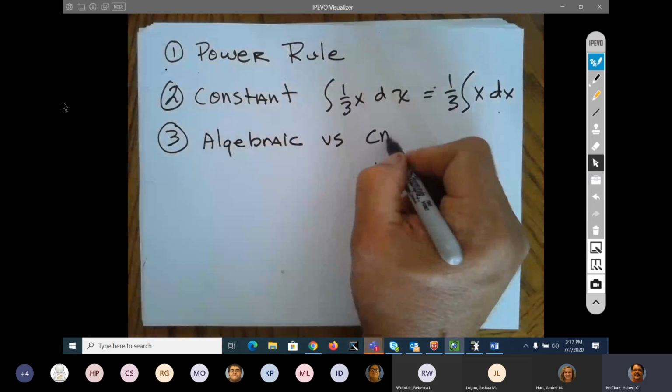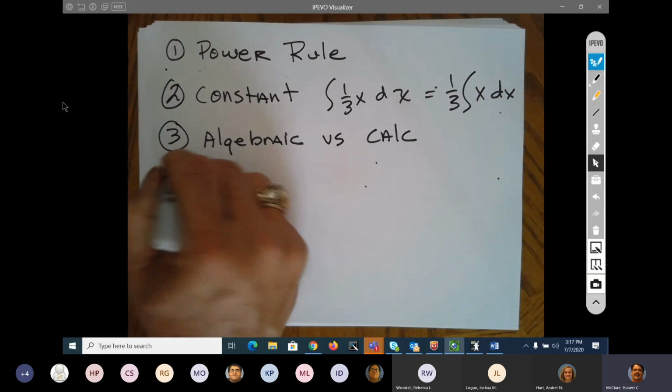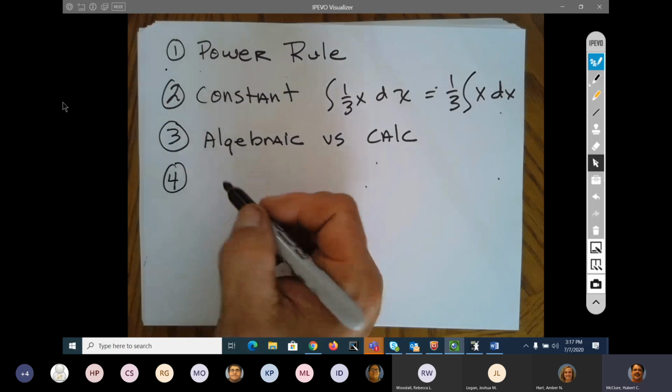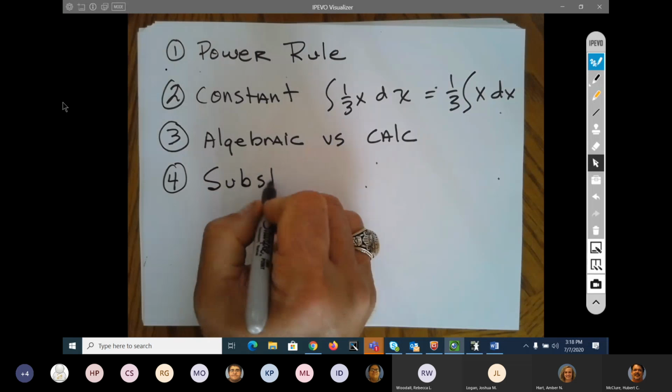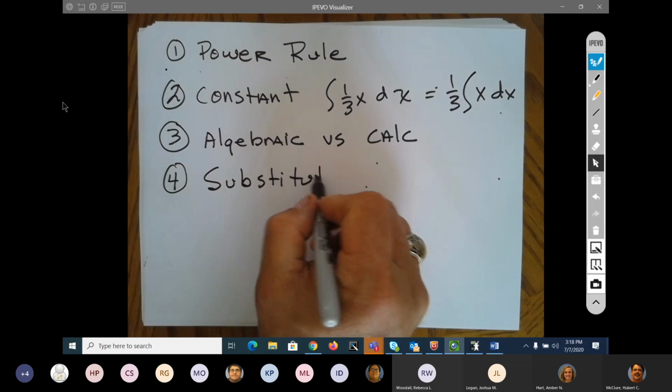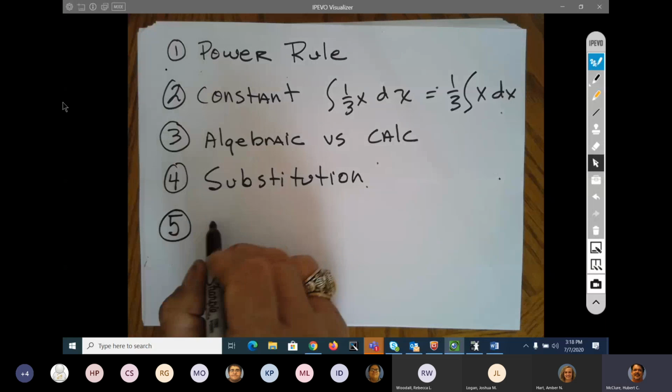In other words, if you can't do it by calculus, you might be able to do it by algebraic. And we did a couple of those the other day. 4, and that's what we're going to go over today, is basically called substitution. And then 5, trig.